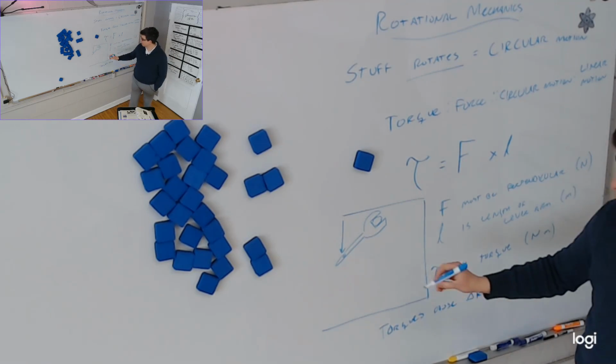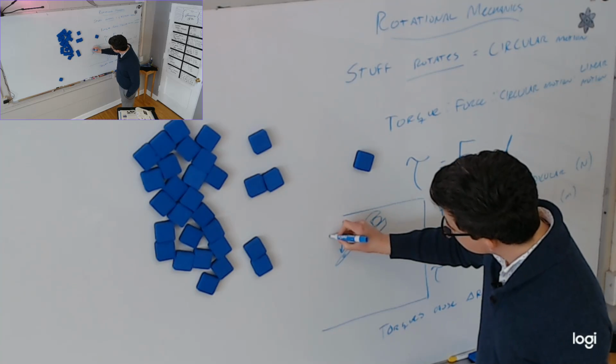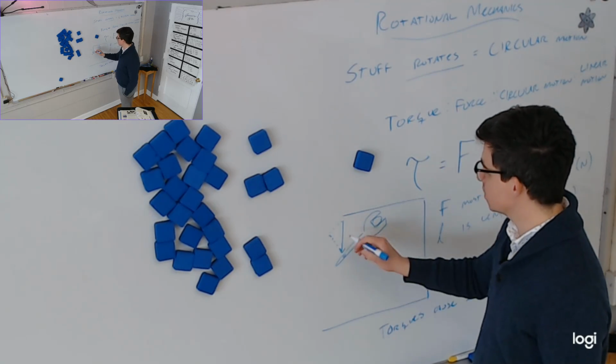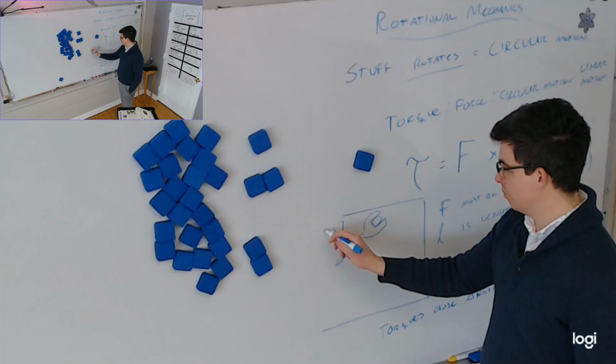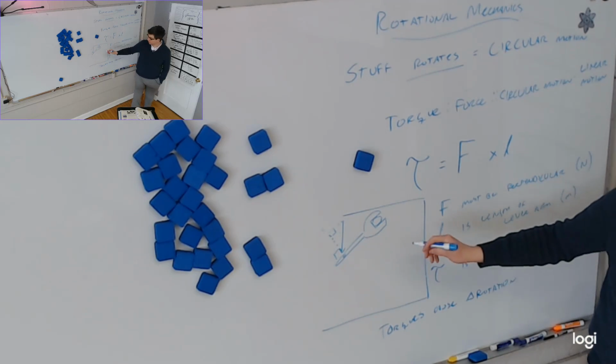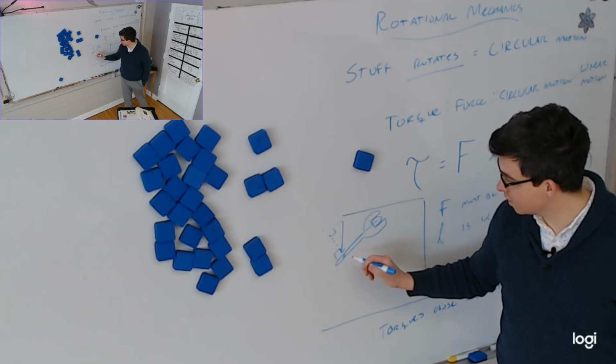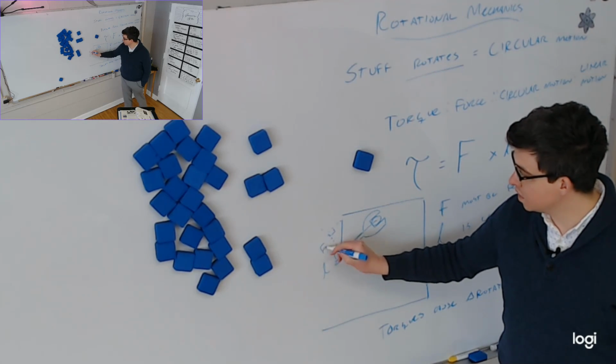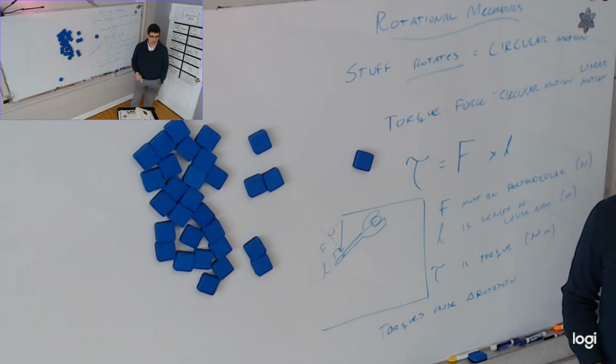Only the component of this force that is in the exact same direction, perpendicular. See how this component is perpendicular to the lever arm. The lever arm is this length here. This is lever arm. And then only this component of force is used.